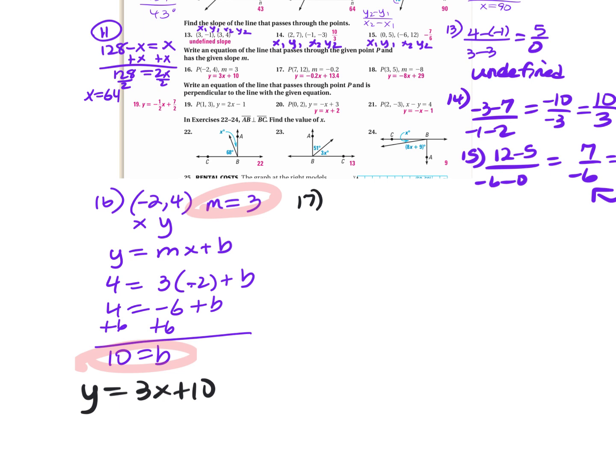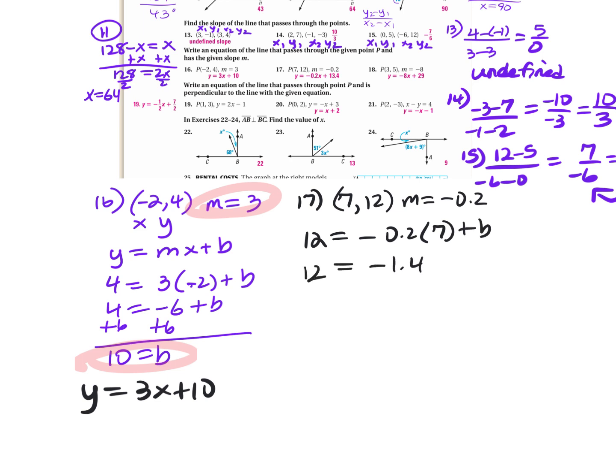So this ordered pair was 7, 12. The slope they gave you was negative 2/10. So again, I'm going to plug in 12 equals negative 0.2 times 7 plus b. 12 equals negative 1.4 plus b. I multiplied the negative 2/10 with the 7.